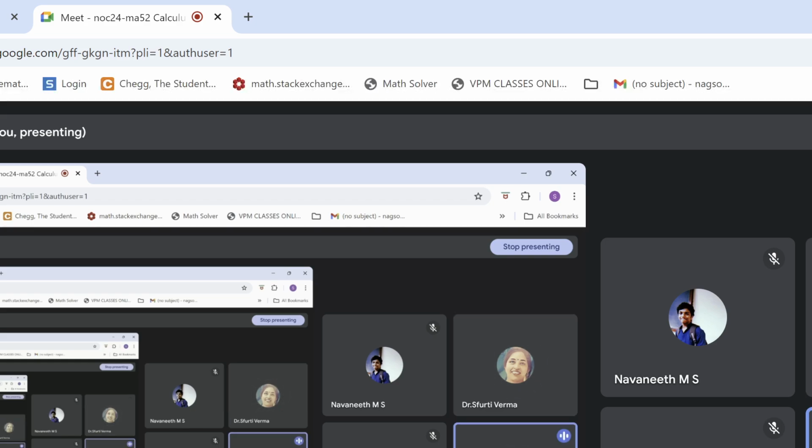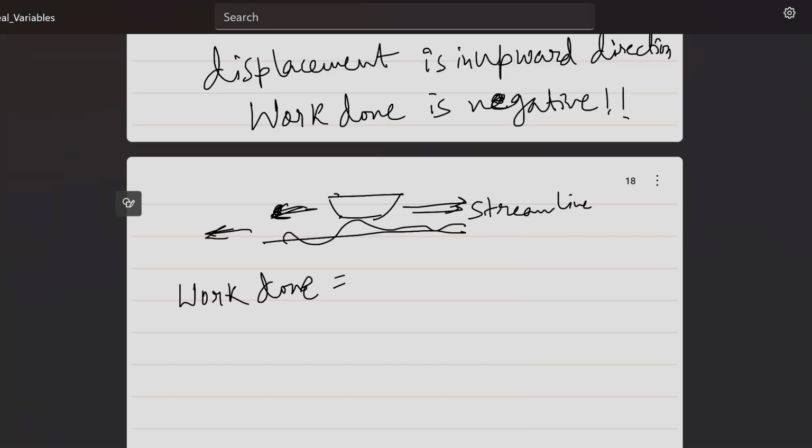I did not get it. Can you just repeat once? Actually, you are correct from my perspective. The streamline is in one direction, and you are going in the other direction. So you are going opposite to the direction of the streamline. So force and displacement are in different directions. But actually, frankly speaking, this is a resultant force.